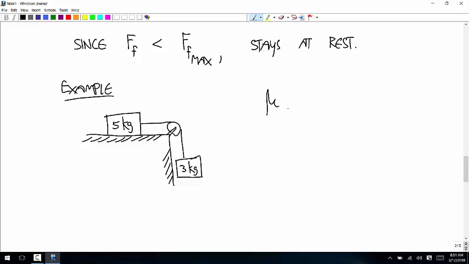The coefficient of static friction is 0.5. Does the box start to move?